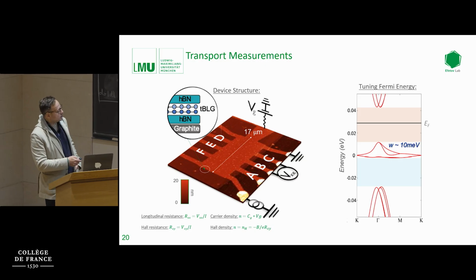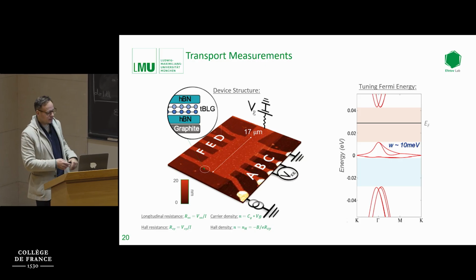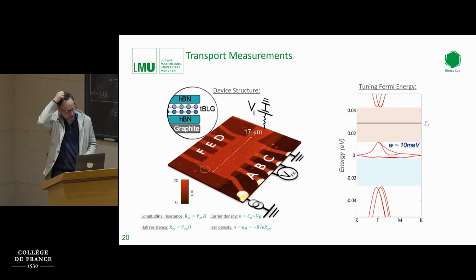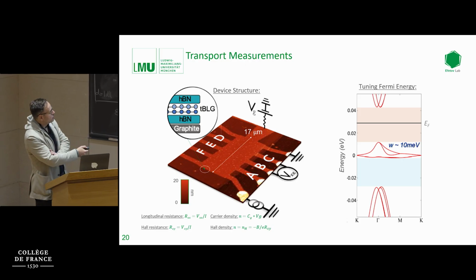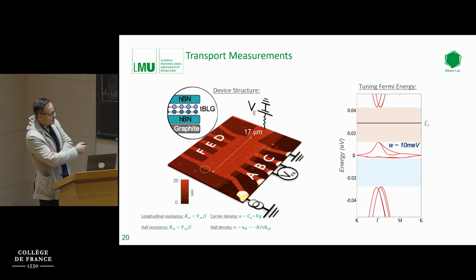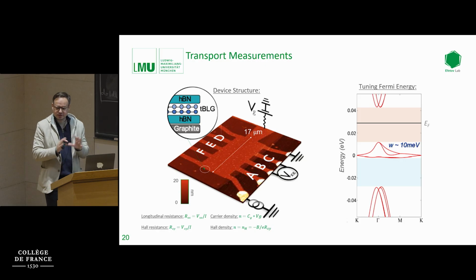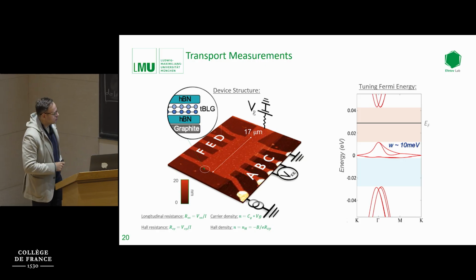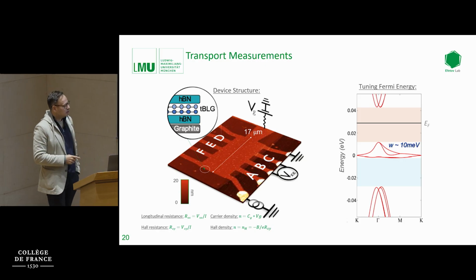And what's really important is the devices are typically encapsulated in these dielectric environments. We use this HBN here to encapsulate the devices for quality reasons, so it gives us the best quality and structural stability of the device.